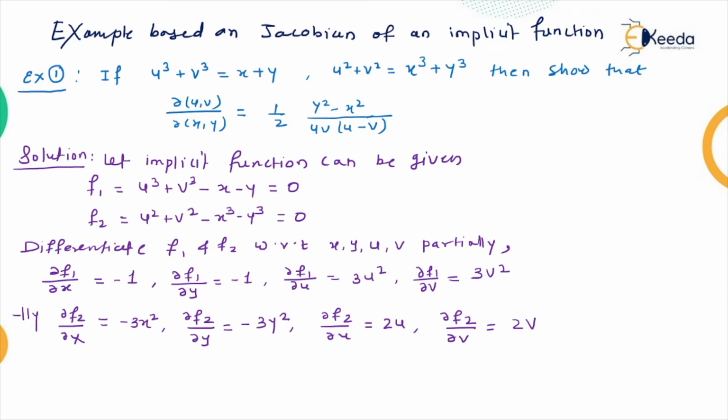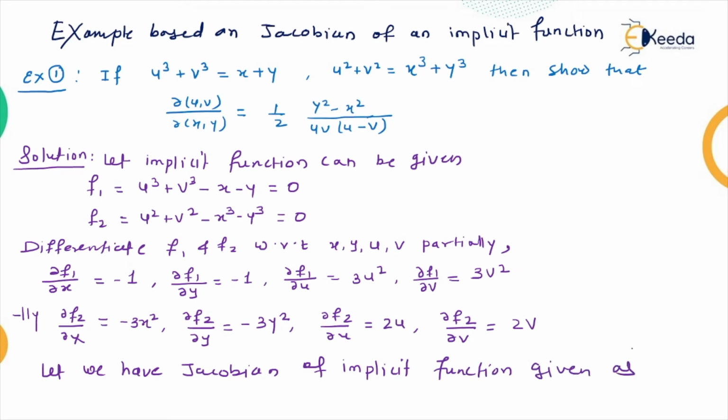Now we know that the Jacobian of an implicit function can be given as ∂(u,v)/∂(x,y), which is equal to (-1) squared into numerator upon denominator.